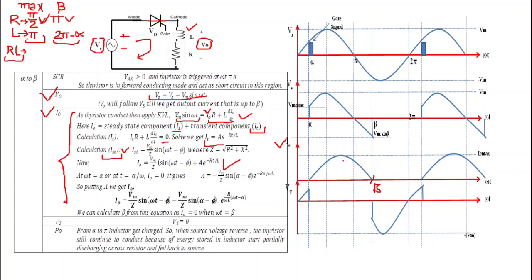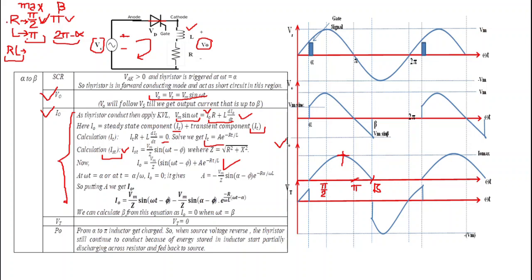So we can say that this maximum value of current I naught, see this waveform, lies between, suppose this is pi by 2, okay. So this maximum value of current will lie between this pi by 2 and this pi. And we get current up to beta, and beta for RL load lies between pi and 2 pi minus alpha.